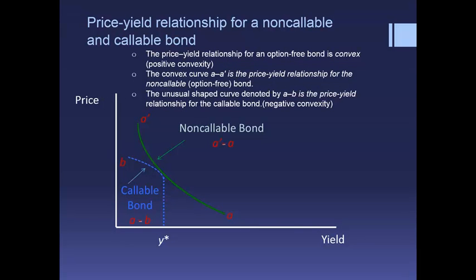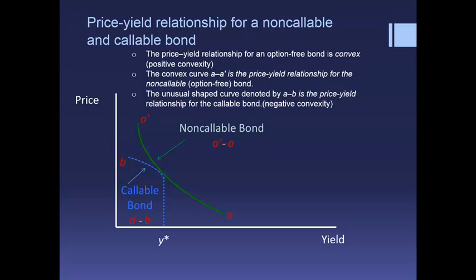Now, in terms of the price-yield relationship, if we have a non-callable bond, we find ourselves on that green line between A and A prime, and that has positive convexity, and we're familiar with that from our prior work. For a callable bond, what happens is when interest rates are falling, there is some point, in this graph it's Y star, where the likelihood of the call becomes significant, and therefore the price of the callable bond will not rise to where it would be for a similar non-callable bond.